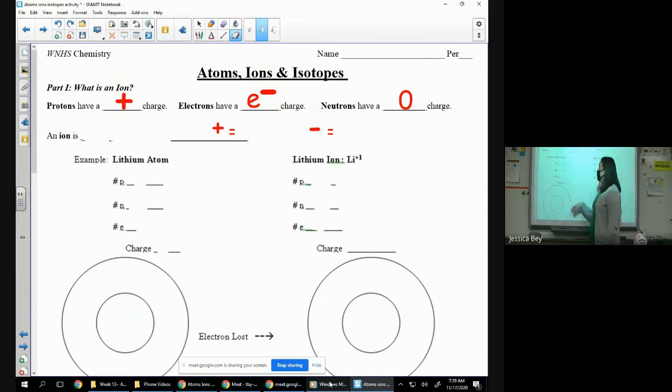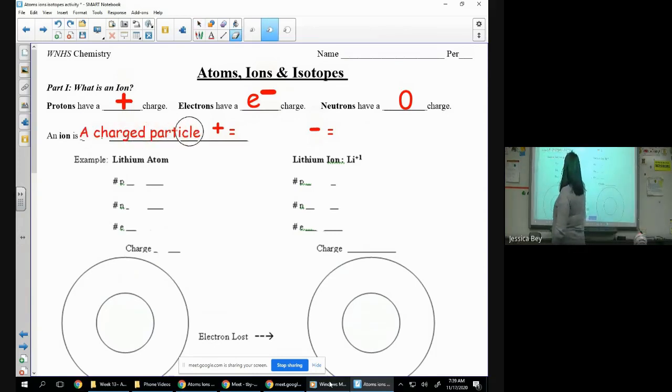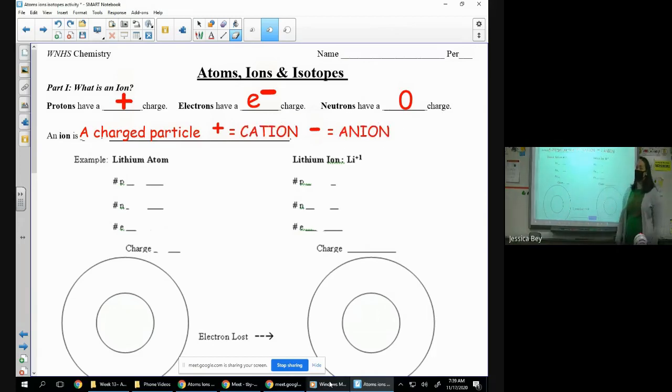An ion is a charged particle. In order to become charged, you must gain or lose electrons. The name of a positive ion is called a cation, and a negative one is called an anion. So we've compared a lithium atom and a lithium ion.